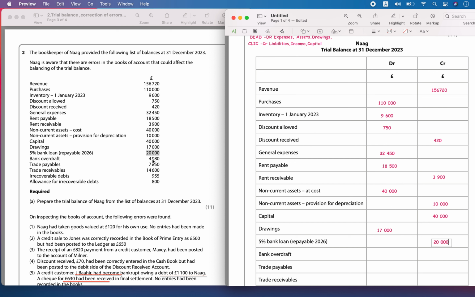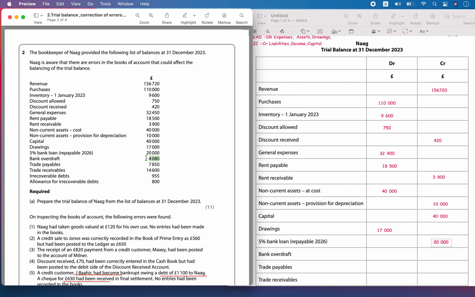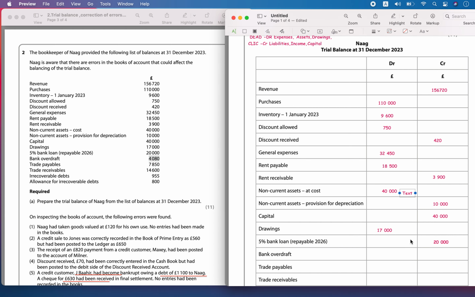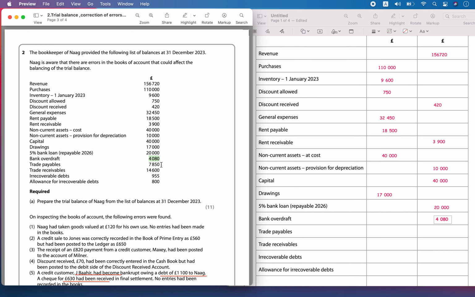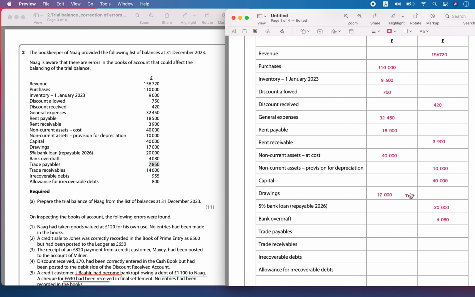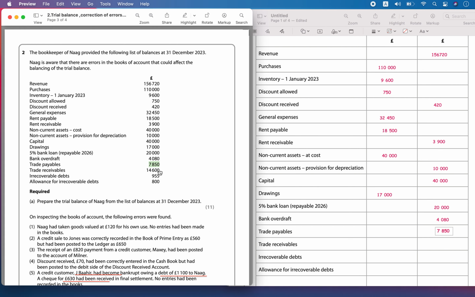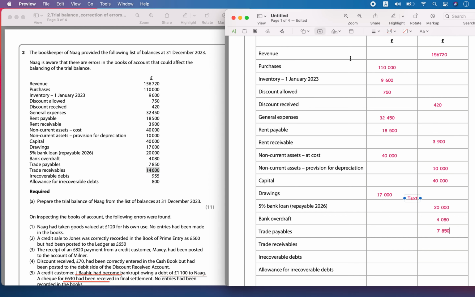And the next one is bank overdraft. Overdraft is a liability, so let's put that as a credit balance. Then trade payables. It's also a current liability, so let's put it under the credit balance. Then you have trade receivables of around 14,600. Let's put it under the debit balance.